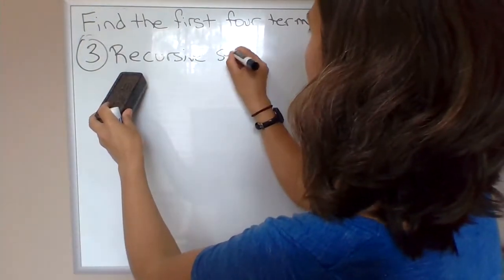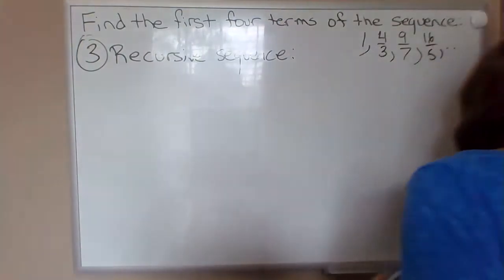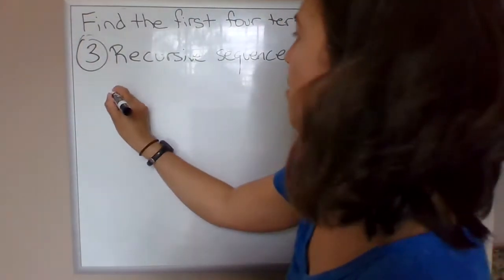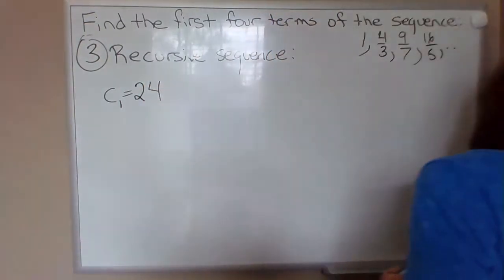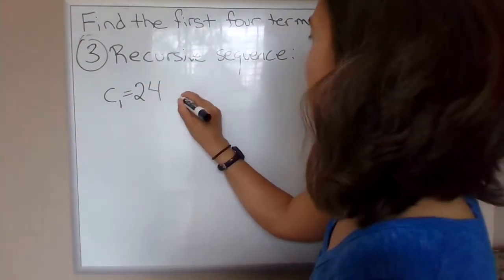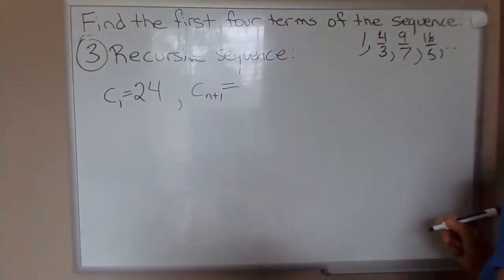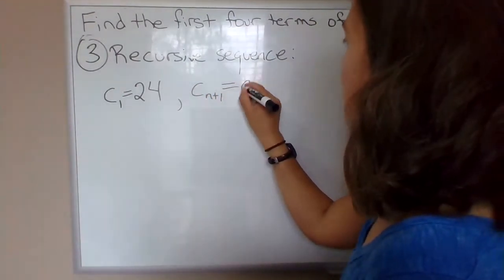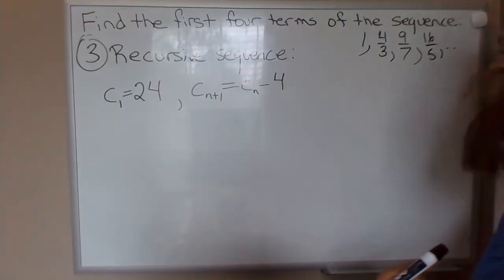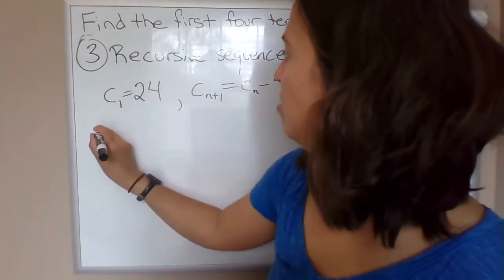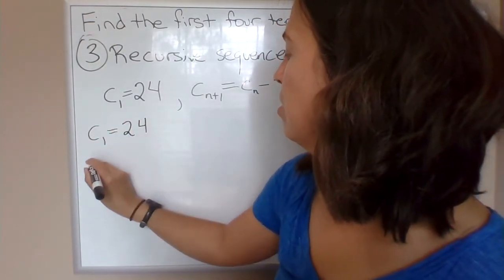So recursive sequence, in this case, suppose you're told that the first term, c1, is 24, and any consecutive term c_(n+1) is equal to the previous term c_n minus 4. So in this case, we're just told straight out what the first term is, 24.